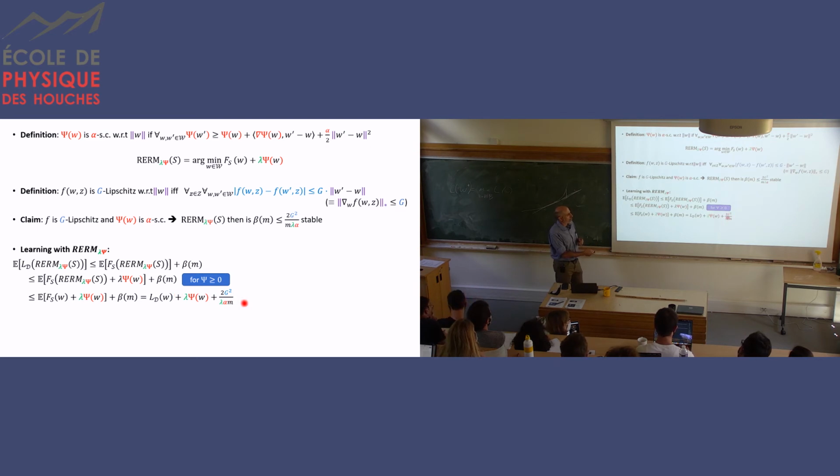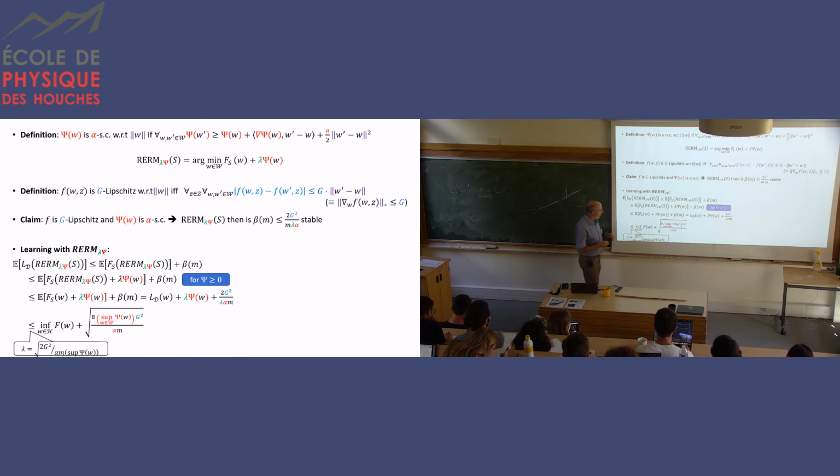On the other hand, here I have a term that scales as 1 over lambda and controls the stability. Right? If I'm adding less and less regularizer, then my objective is going to be less and less strongly convex. I might be jumping around and I'm going to be less stable. And I need to balance these two terms. And at least if I know what the supremum of this regularizer value is, the optimal balance can easily be calculated.